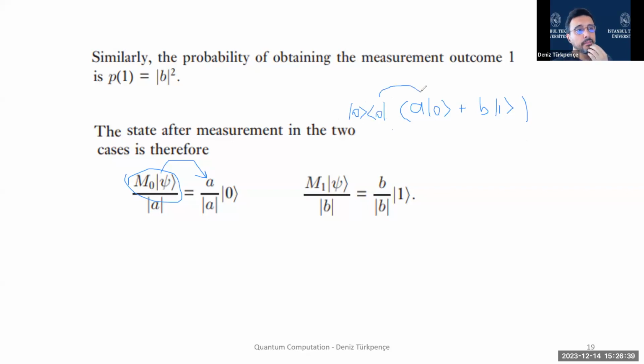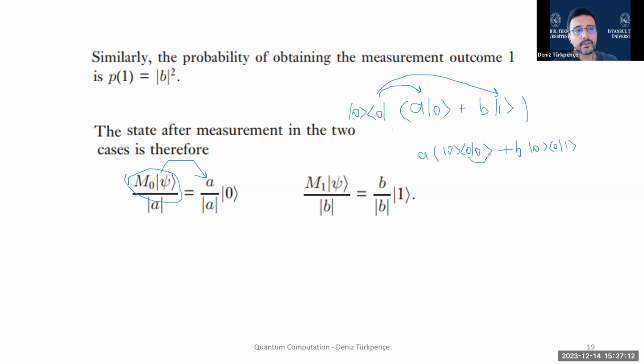And if I multiply this measurement operator with this summation, this is just a complex coefficient, so I can write this A in front of this term, and what I will obtain is 0 outer product, this term with this term, and this term plus B, again 0 outer product, and this term.